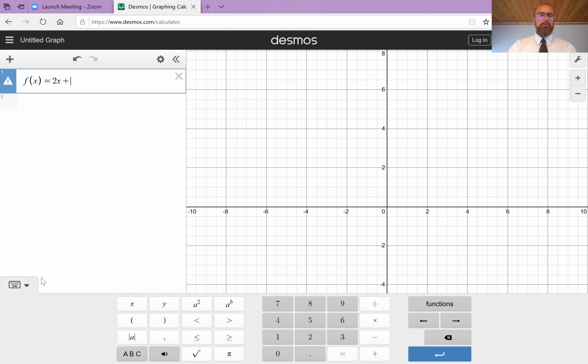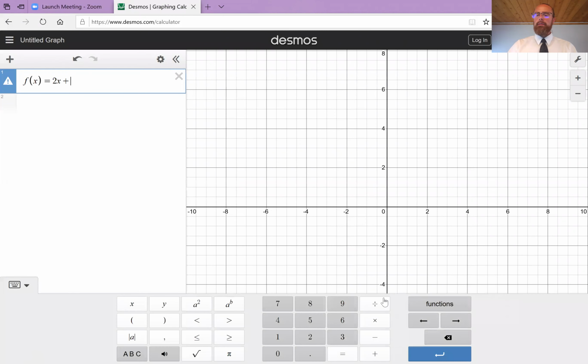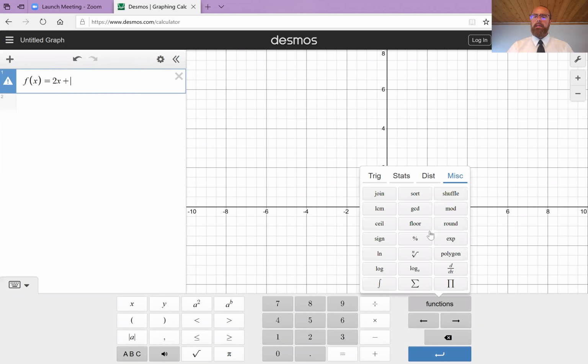I want to show you another way that you can find that here on Desmos. So here in the lower left, you can show the keypad, and then this upper right button, if I select that functions key and head over to the right column, miscellaneous, I can find the absolute value function somewhere.